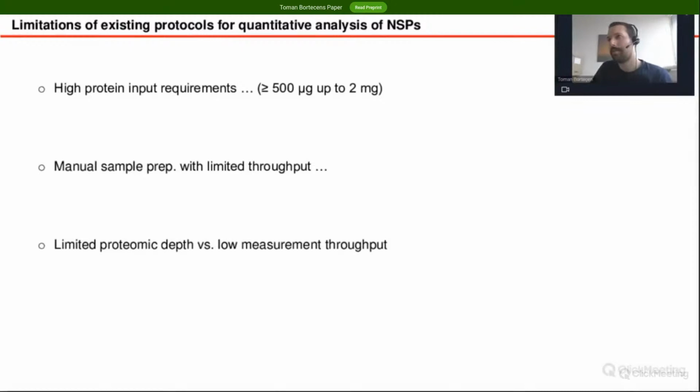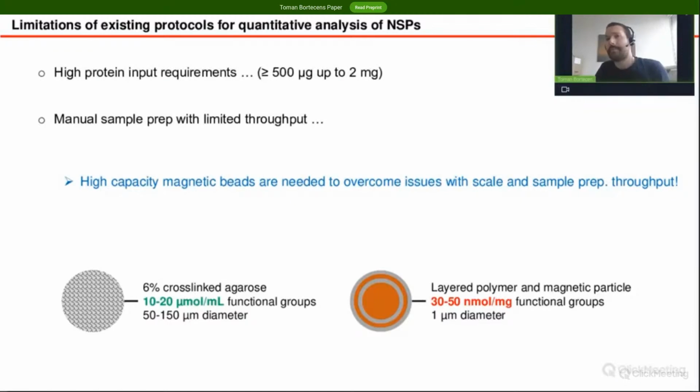I will talk about this last point towards the end of the presentation, but first I would like to explain how we try to improve upon these first 2 limitations in the sample preparation.